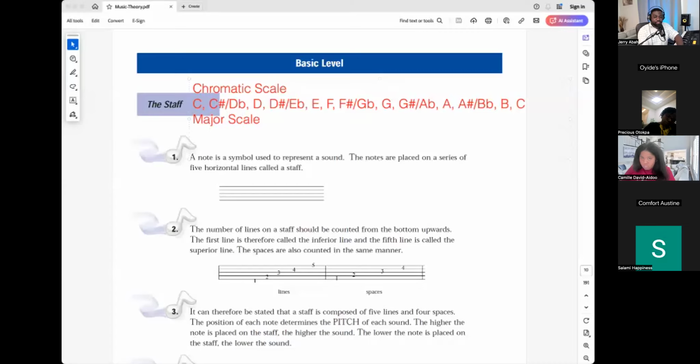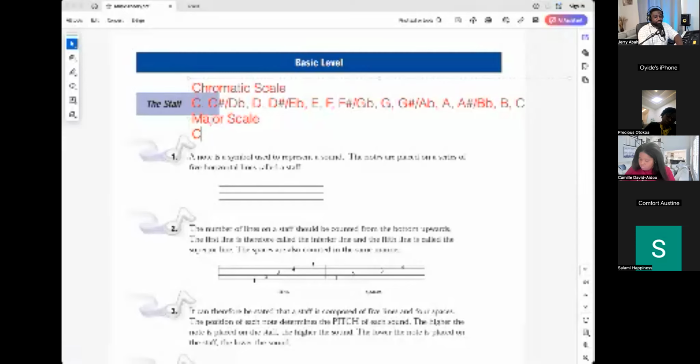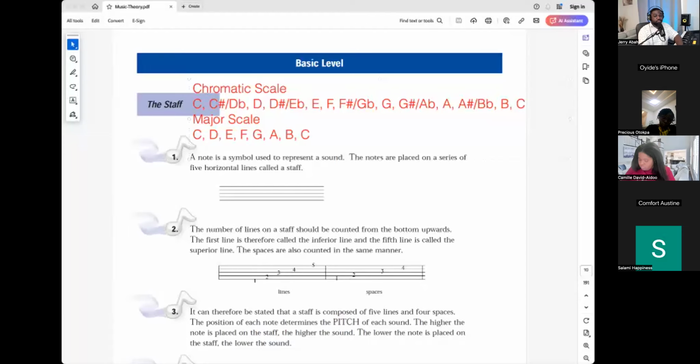And on the key of C, the major scale is basically C, D, E, F, G, A, B, and C. The difference is that in the major scale, there are no sharps or flats being played. You're just playing all the major keys.